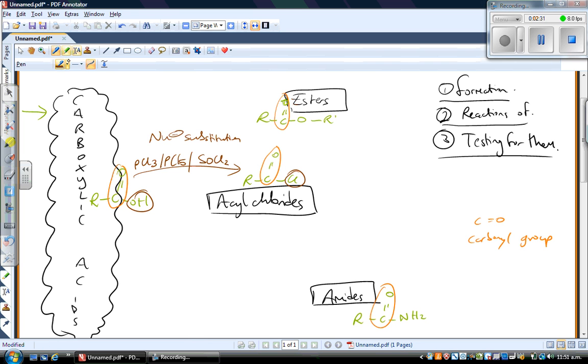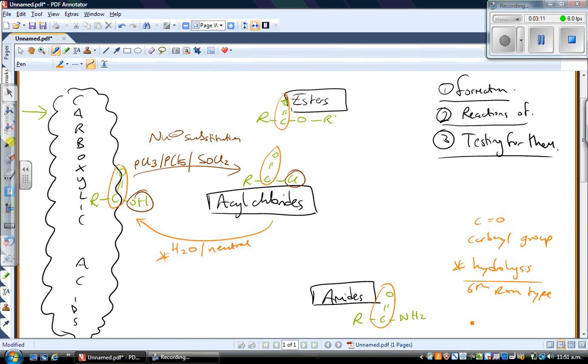Then to get the reverse process, from acyl chlorides back to carboxylic acids, we introduced a sixth type of reaction known as hydrolysis. We use pure water, so this is neutral hydrolysis. We'll discuss that when we do our specific section on acyl chlorides, where hydrolysis is the sixth reaction type. The other five being condensation, elimination, addition, substitution, and redox reactions. So that's the link between carboxylic acids and acyl chlorides.